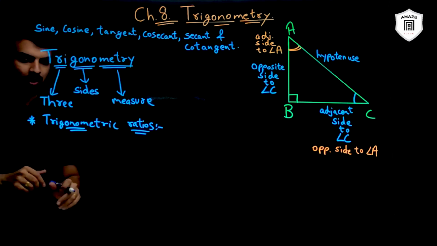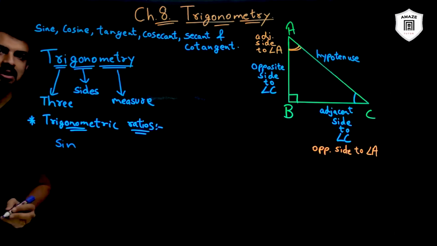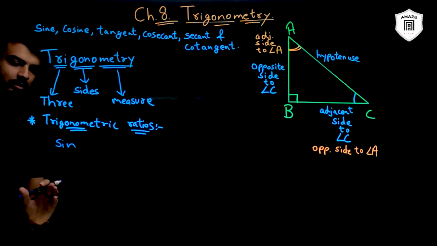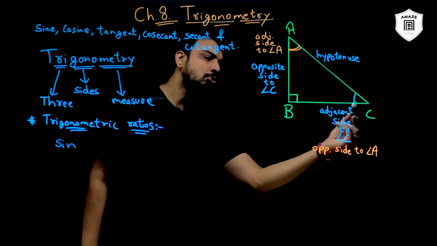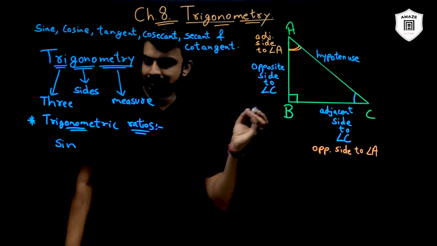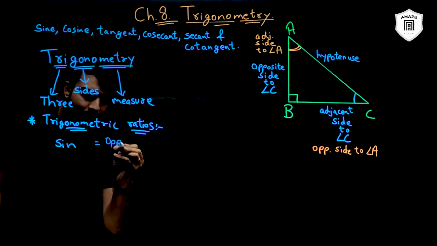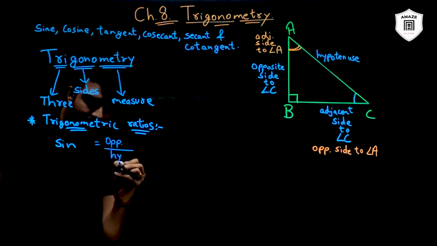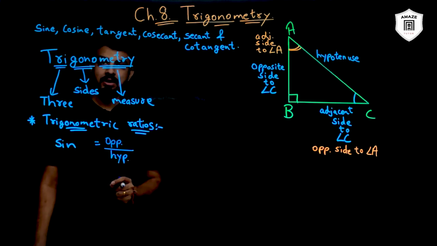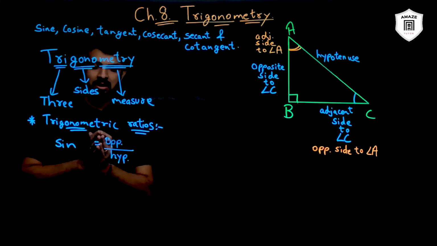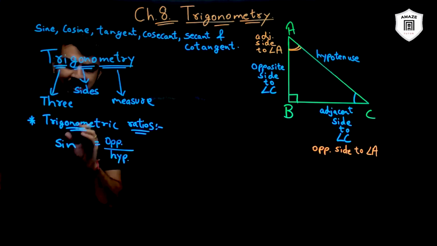Sine is written as sin only. Then we write down a particular angle, which is the angle you want to take as the reference angle. Sine is always opposite upon hypotenuse. Let me give you an example.